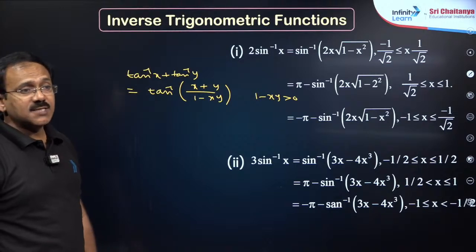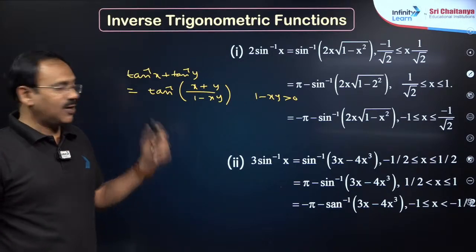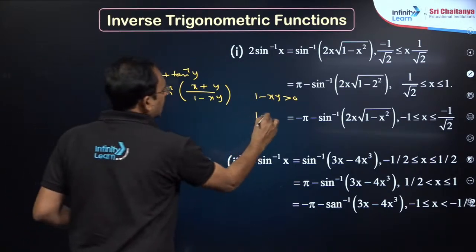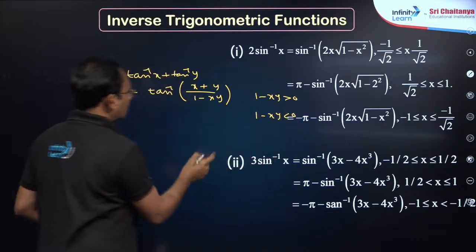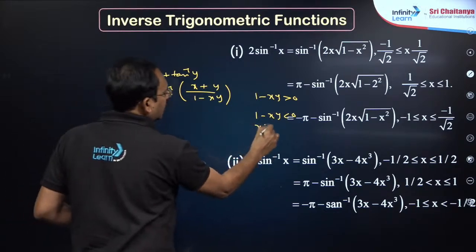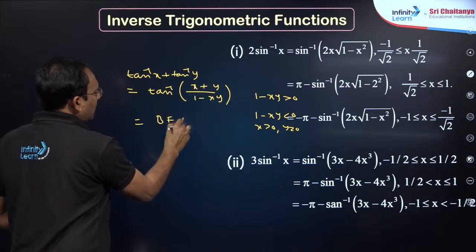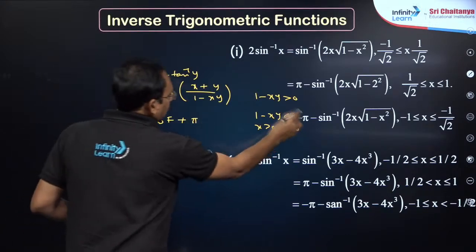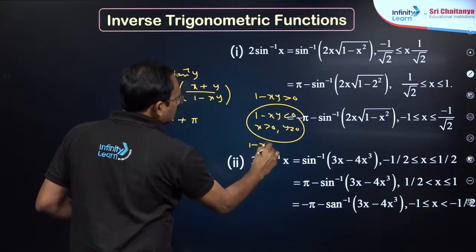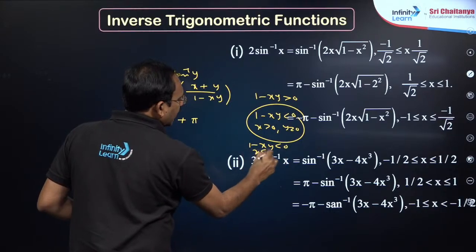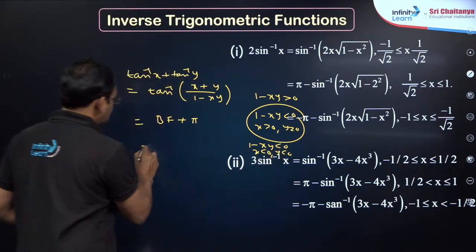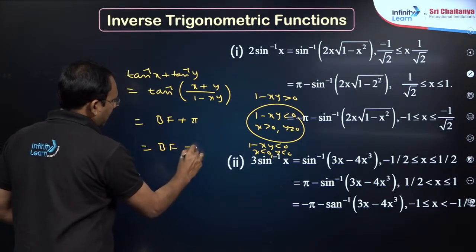If the denominator is positive, we are happy with the basic formula. If the denominator is negative, my dear friends, then check both x and y. If both x and y are positive, you write the basic formula plus pi. If the denominator is negative and both x and y are negative, my dear friends, basic formula minus pi.